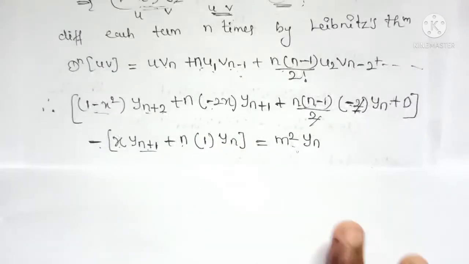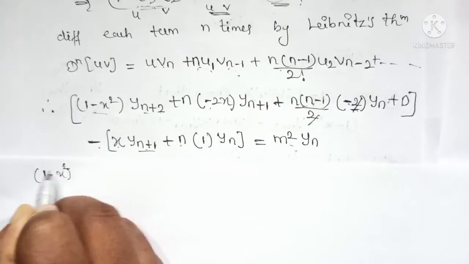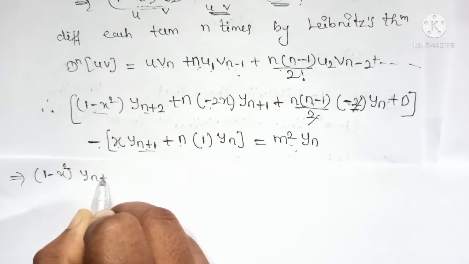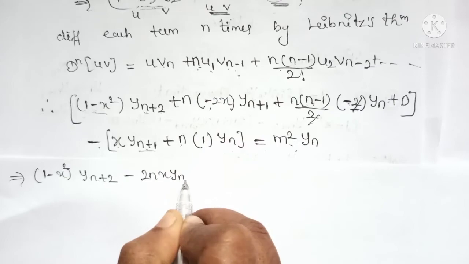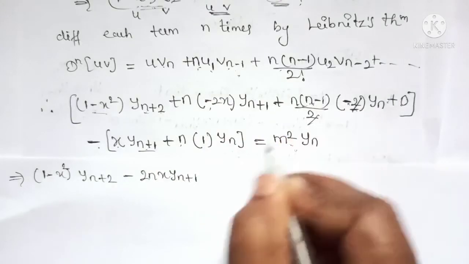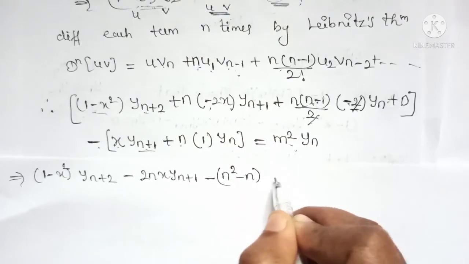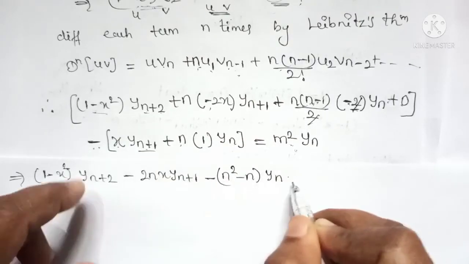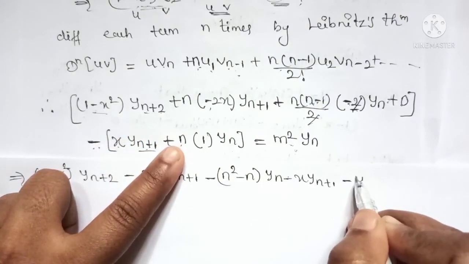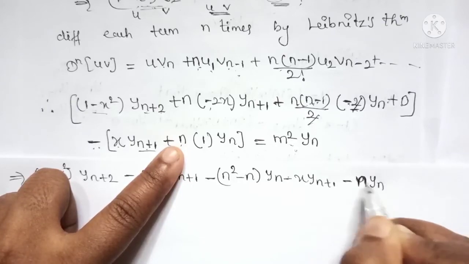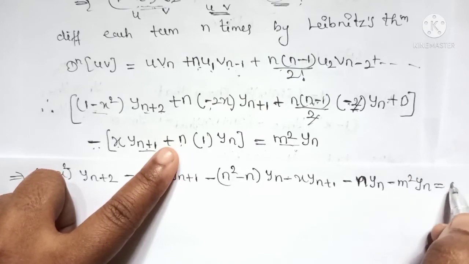Okay, further simplifying, we get (1 minus x square) y(n plus 2), minus 2nx y(n plus 1), minus n into n, that is n square minus n, yn, minus x into y(n plus 1), plus n yn. We take this to the LHS, it becomes minus m square yn equals 0.